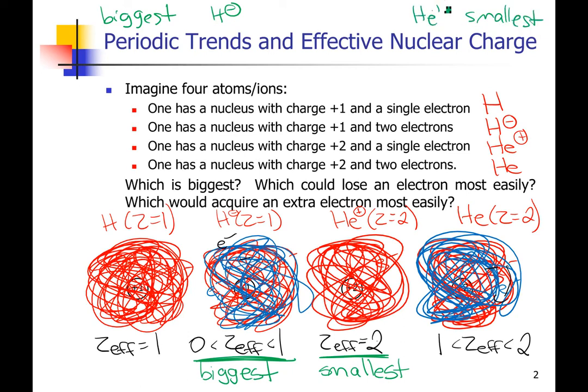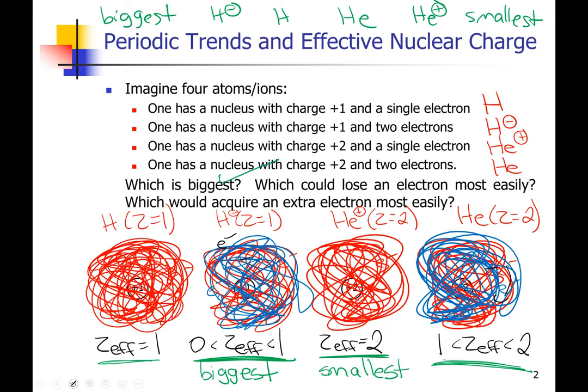Between the other two, the effective nuclear charge on the neutral helium atom is larger than on the hydrogen atom, and so we would expect the hydrogen atom, in which the electrons are being pulled less tightly to the nucleus, to be bigger, and so we would expect to see the radii decreasing from hydride down to hydrogen, down to helium, down to the helium cation.